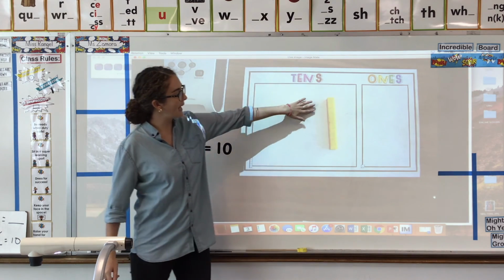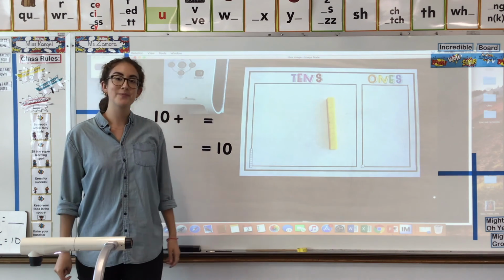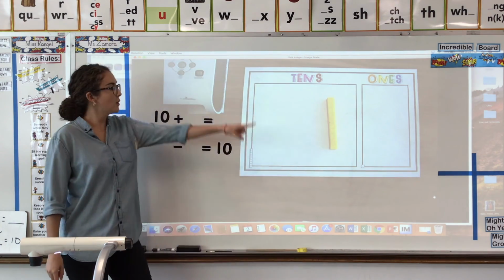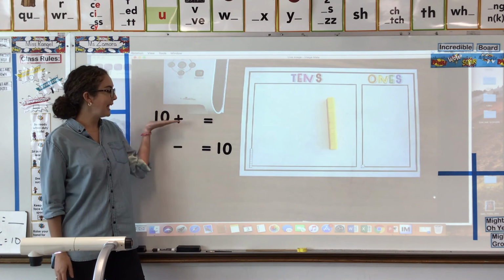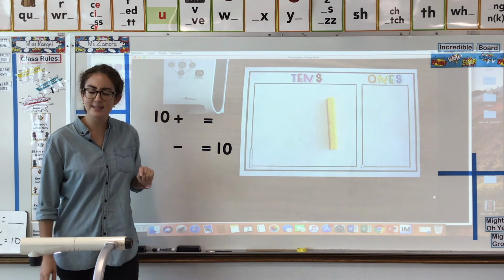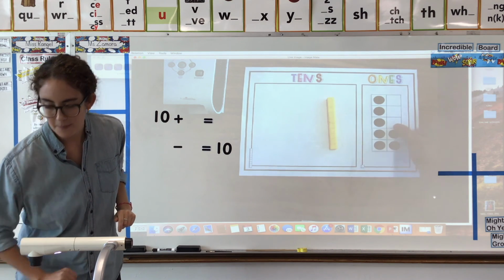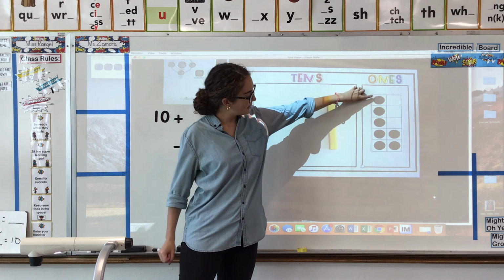So what do I have up here? How much do I have on my chart? I just have 1 ten. So we are starting with 10 on our place value. It's 1 ten. But now I want us to add some ones. How many ones did I add? How many are on here?